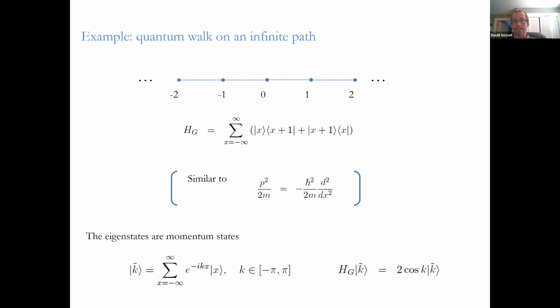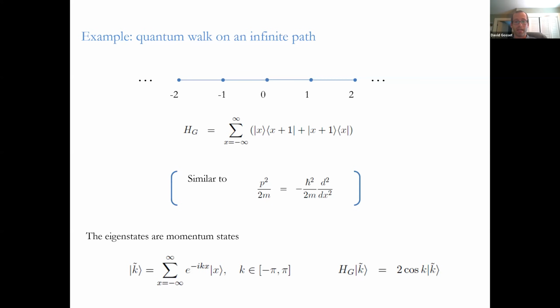Another way to think of this is like the Fourier basis, right? The Fourier basis is not normalizable in the usual sense. But for every k in minus pi to pi, which we call the momentum, you can define this momentum state as just a function that takes as input a vertex and outputs the amplitude e to the minus ikx. And formally they satisfy the eigenvalue equation.